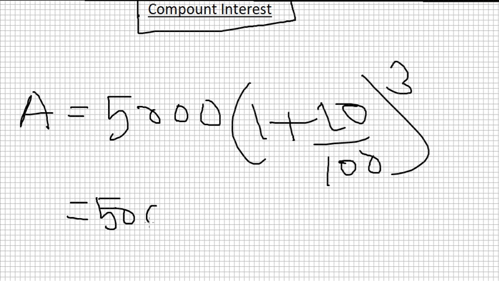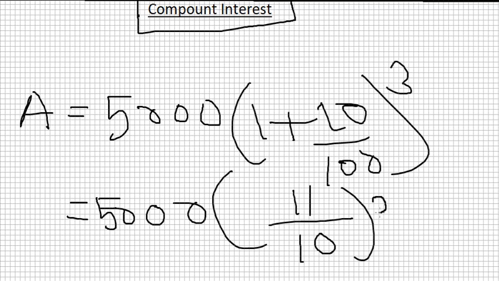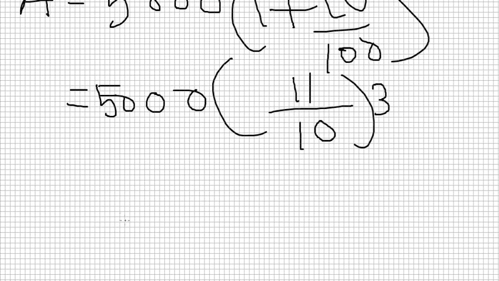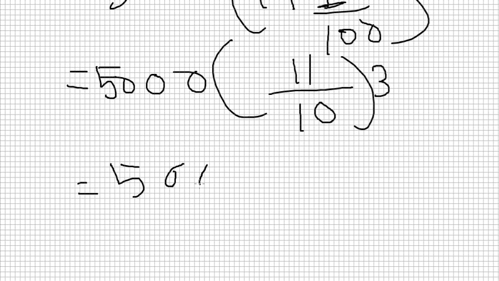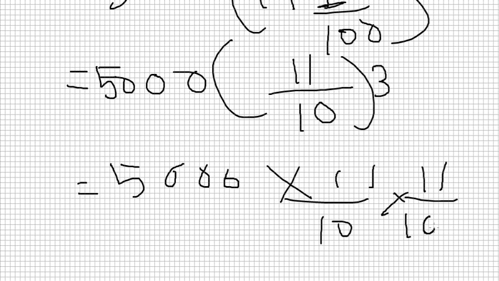So 5,000 multiplied by 1 plus 10 by 100, so it would be 1 by 10, so 11 by 10 to the power 3 or cube. Okay, so now let's multiply this: 5,000 multiplied by 11 by 10 multiplied by 11 by 10 multiplied by 11 by 10.